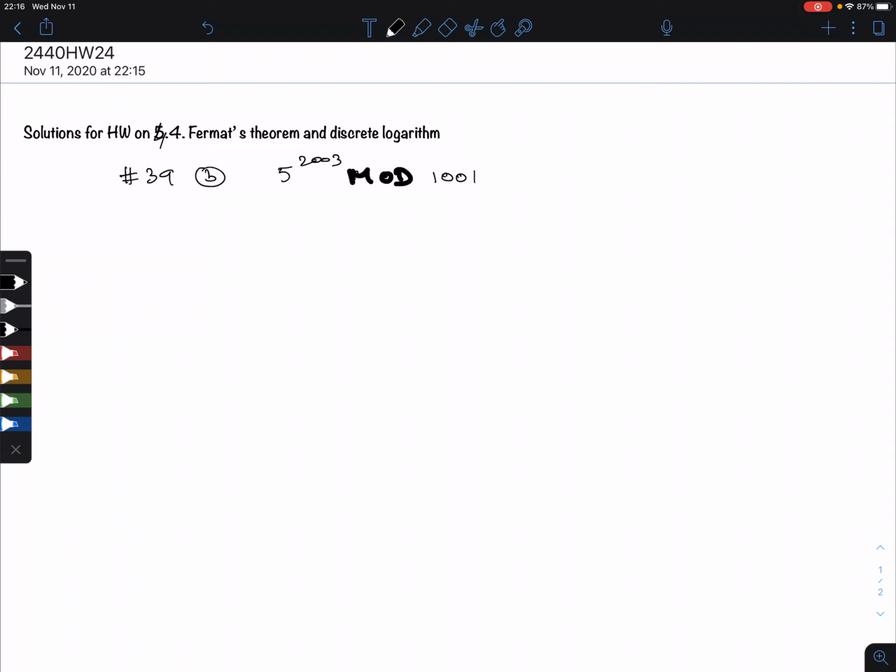Now, we have seen modular exponentiation. It was a quiz on that.